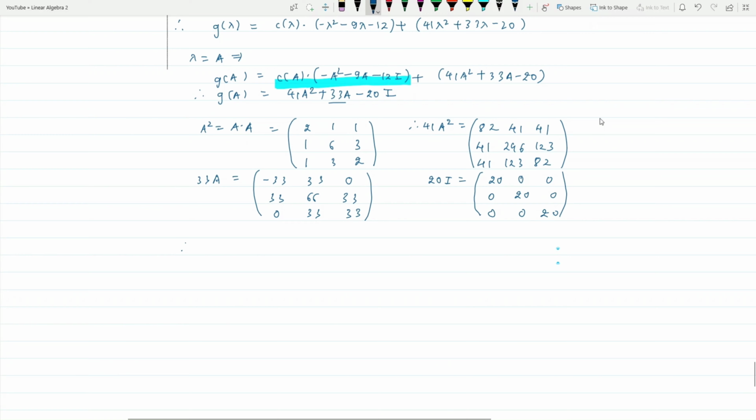So we have g of A is going to be the 3 by 3 matrix. So we have 41A square, the first entry is 82 plus 33A, that is minus 33, and minus 20. So we get the entry to be 82 minus 33 minus 20. The next one is going to be 41 plus 33 minus 0.